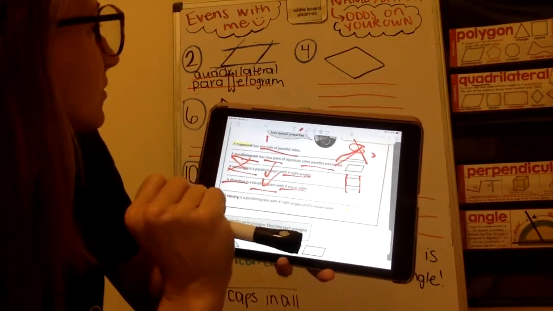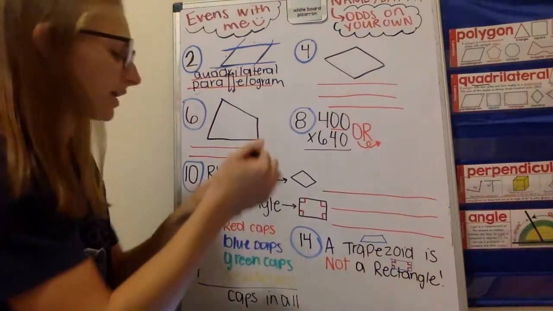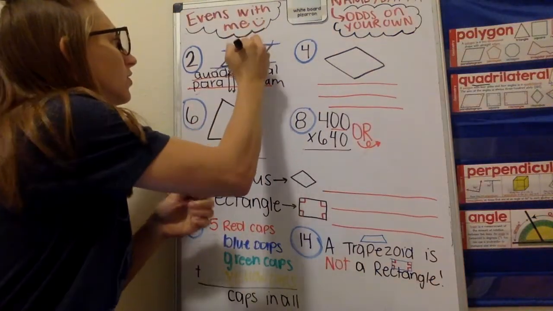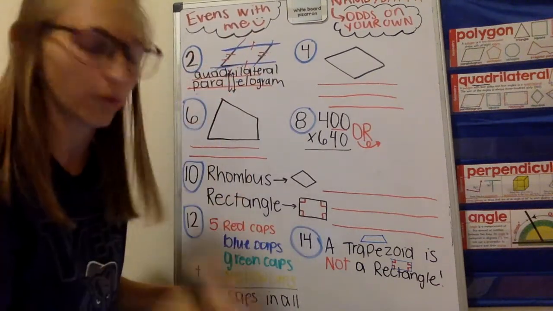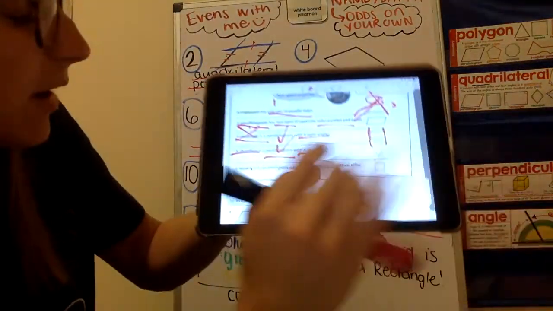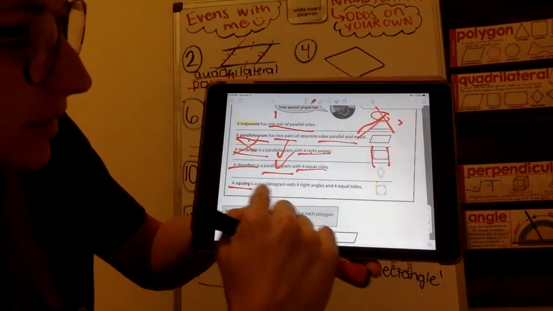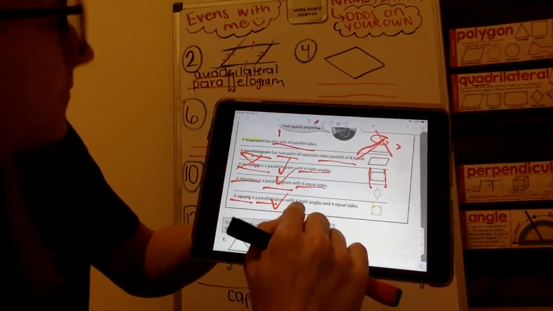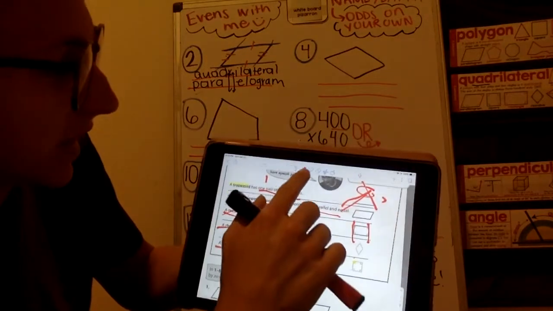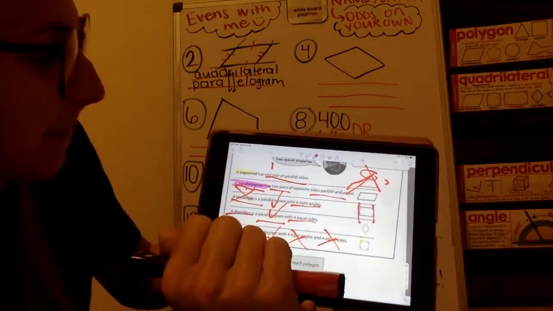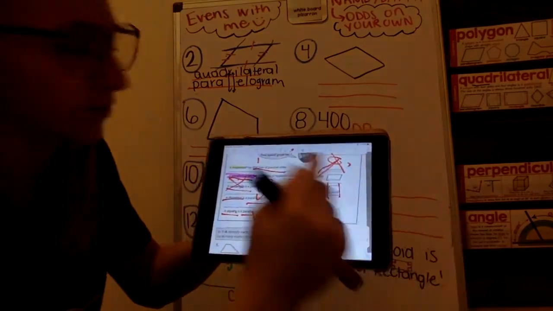Does it have 4 equal sides? Not 4 equal. Those 2 are equal, and those 2 are equal, but they're not all 4 equal, so it's not that one. And is it a square? Is it a parallelogram? Yes. Does it have 4 right angles? No. Does it have 4 equal sides? No. So that is why it could only be a parallelogram and then a quadrilateral.